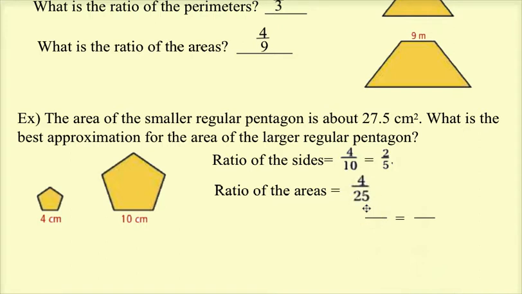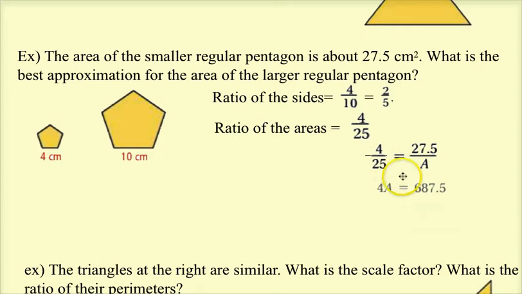And what I'm going to do now is set up a proportion. I'm going to take the ratio of the areas, 4 over 25, and set it equal to the actual areas. So 4 over 25, the ratio of the smaller pentagon to the larger pentagon. These are the ratio of the areas. The actual area of the smaller pentagon is 27.5, and the actual area of the larger pentagon, which I'm trying to find, is A. And then all I have to do is cross multiply.